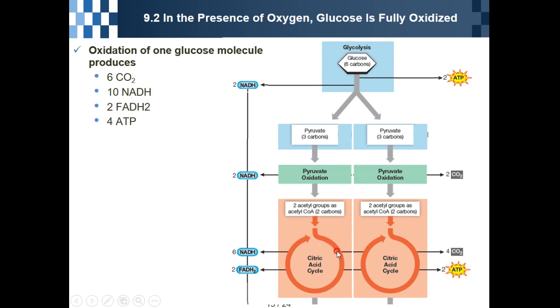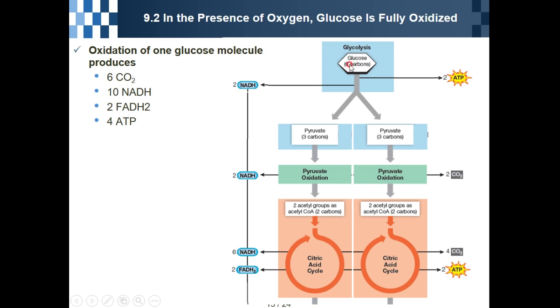Also, during each citric acid cycle, they will make the 3 NADH. It means that 3, total 6. 1 FADH2, so they will make the 2 FADH2 in total. So 1 molecule of glucose has 6 carbon.